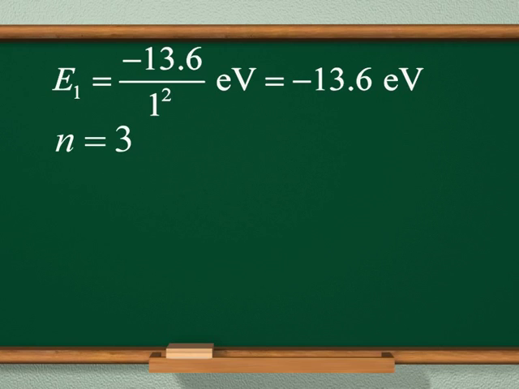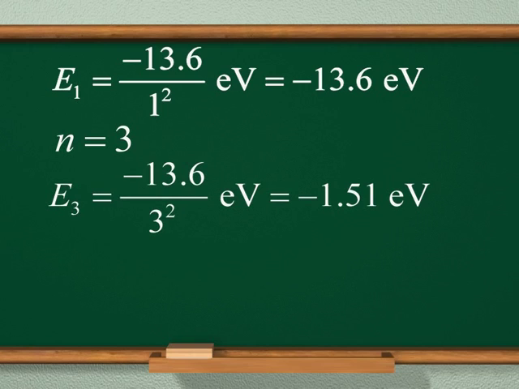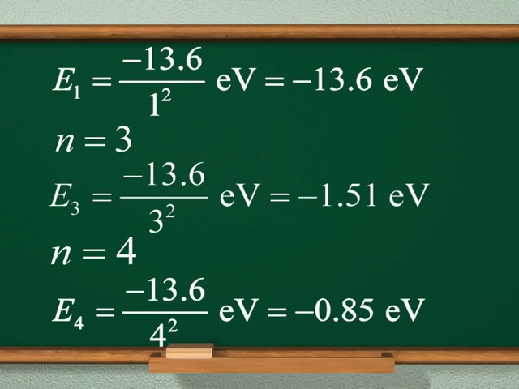For n equal to 3, we get E3 equal to minus 13.6 upon 3 square, that is minus 1.51 electron volt. For n equal to 4, we get E4 equal to minus 13.6 upon 4 square, that is minus 0.85 electron volt.